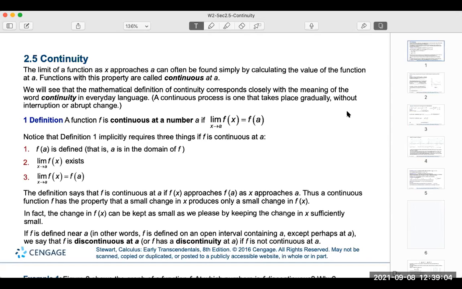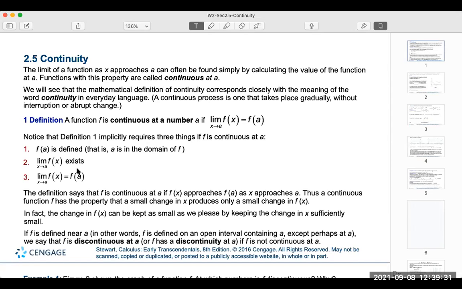So if at this point A is a given number, we say that this function is continuous at A if f at A is defined. The first thing. The second thing, the limit when x approaches A exists.